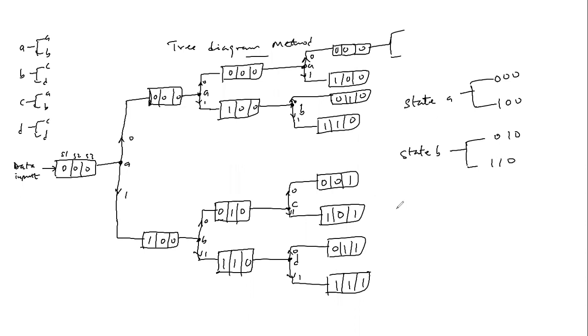Now for state C, the branch can either store 0, 0, 1 or 1, 0, 1. And for state D, the branch can store either 0, 1, 1 or 1, 1, 1. So in other words, the encoder can be in one of 4 different states, A, B, C, or D, on the tree diagram, and the states repeat.